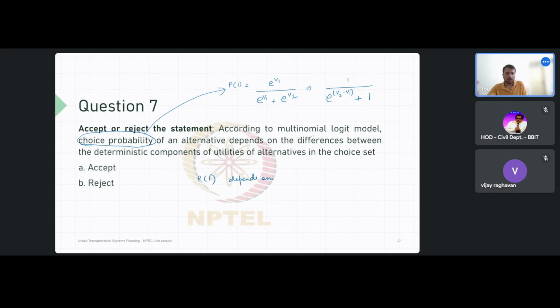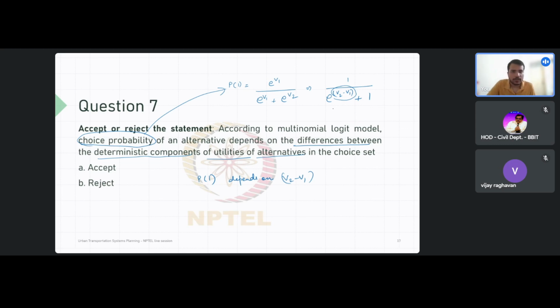depends on the difference between deterministic components of utilities of alternatives. So what is the difference between deterministic components? That is this V2 minus V1. So we can see that the equation of P1 is depending on V2 minus V1. So according to multinomial logit model, it depends on the difference between the two.